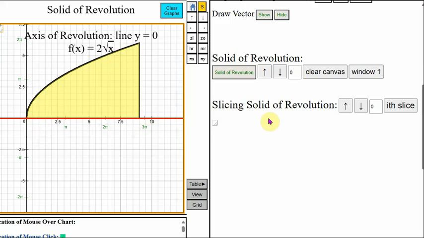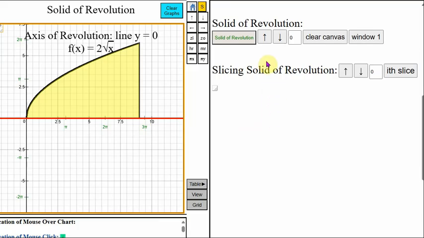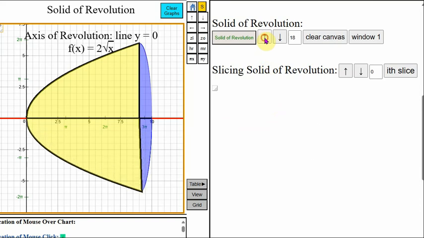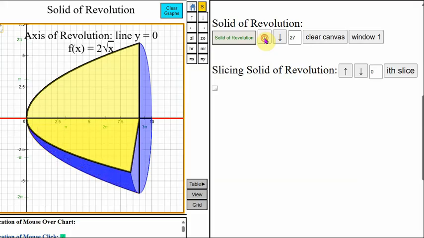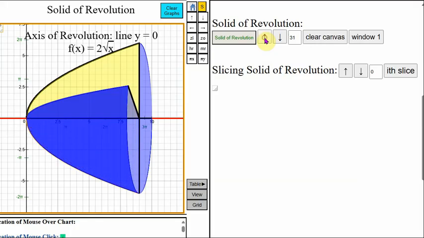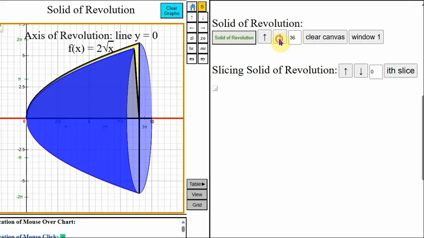So let's revolve this region about the x-axis. And this is our solid of revolution, and we want to find the volume of this solid of revolution.